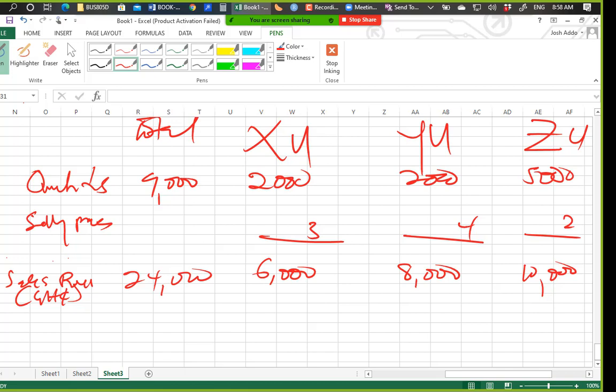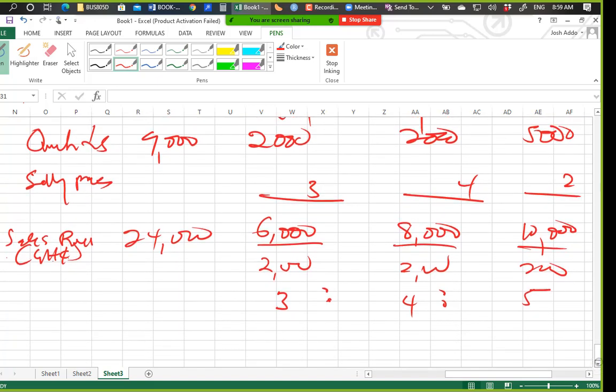If you divide through by 2,000, you will get 3 is to 4 is to 5. Is that correct? Yes.